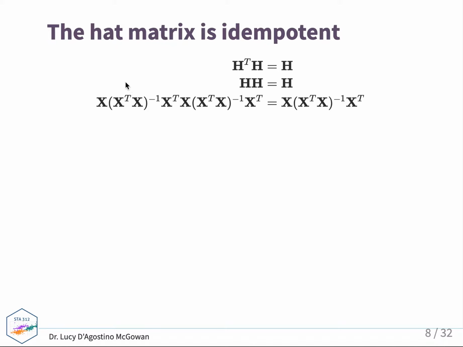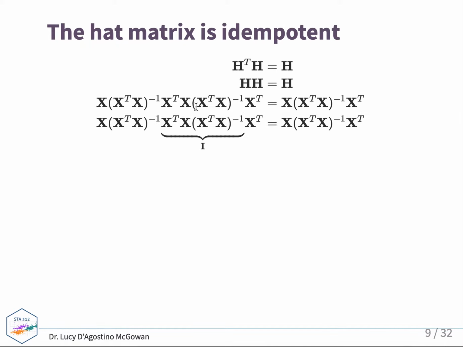Okay, so let's plug those in. We know the hat matrix is X times X transpose X inverse times X transpose. So that's the first H. And then let's write it again, X times X transpose X inverse times X transpose. So that's our HH. And now let's add our hat matrix on the other side of the equation.